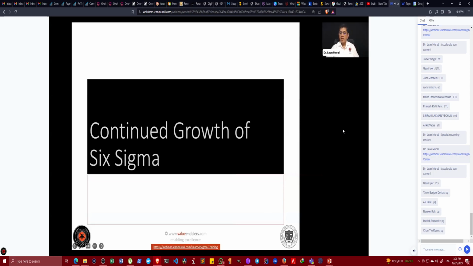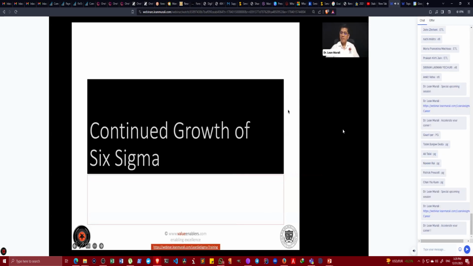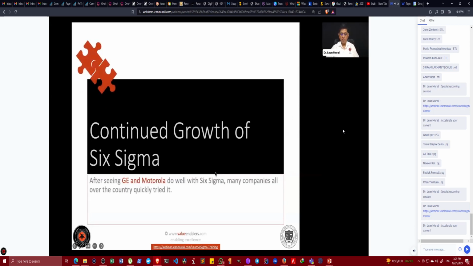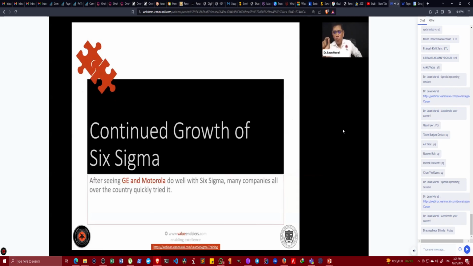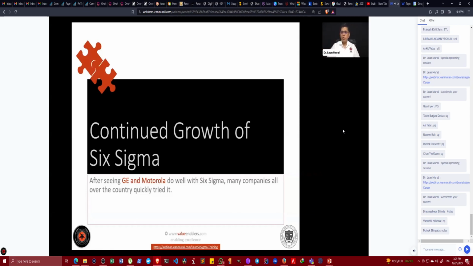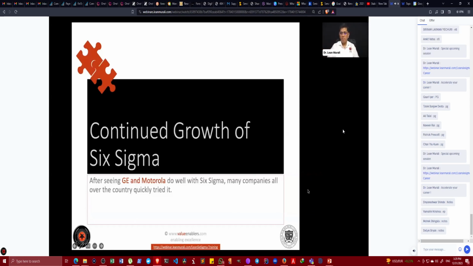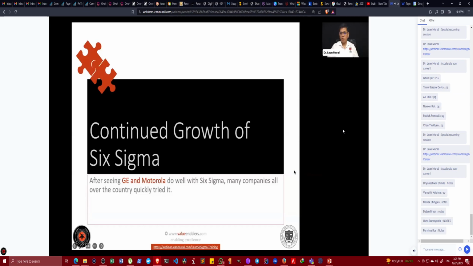And this is a little bit of theoretical stuff, but then it's interesting to know how Six Sigma grew over a period of time. Okay, GE and Motorola, these are the pioneers in Six Sigma, and other companies quickly adopted it. How many of you are having notes today? Just type notes in the chat box. I want you to take even this history, growth, everything about, because if you want it in the long term to become coach, consultant, experts, everything, then you have to actually have a lot of notes, okay?